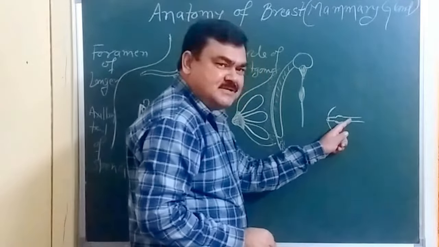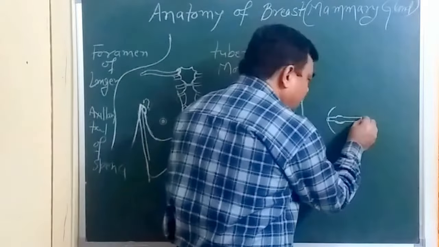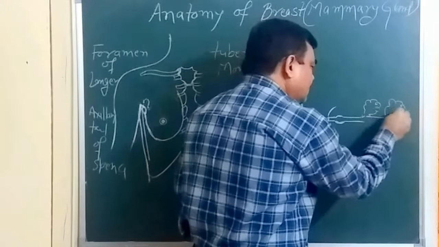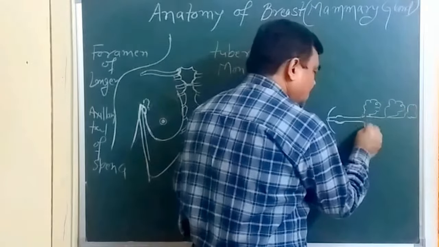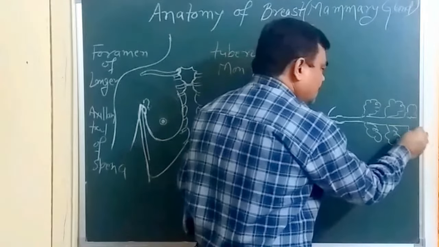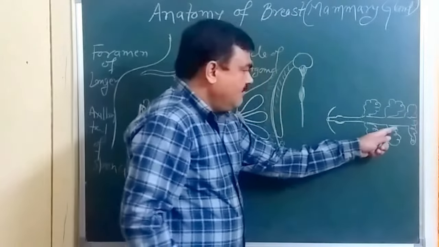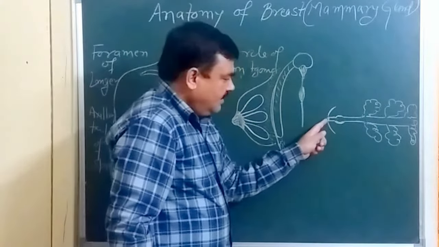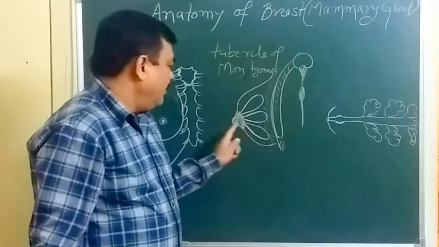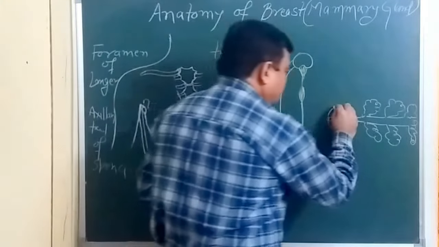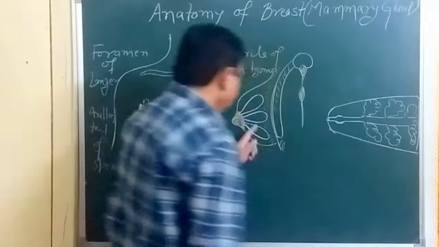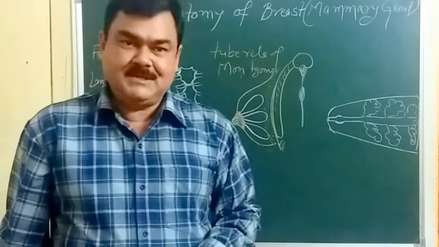So this is the lactiferous duct, this is the lactiferous sinus, and here are numerous alveoli which secrete milk, which passes through the lactiferous duct and reaches up to the summit of the nipple. So this is one lobe. It has 15 to 20 lobes.